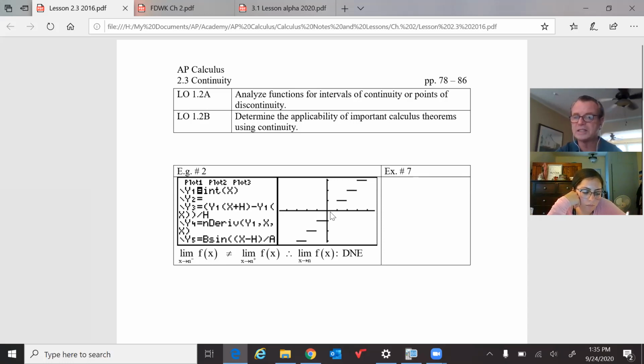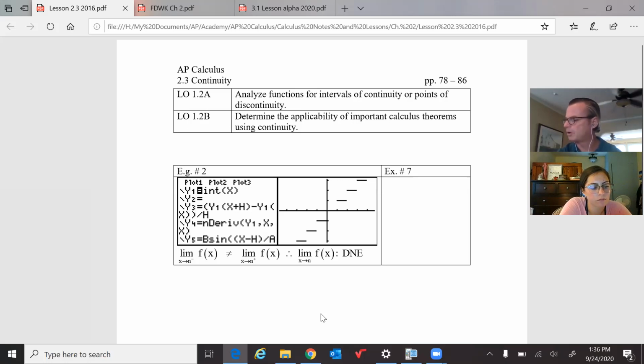When I get to 2 exactly, it's a 2. So the limit from the left doesn't equal the limit from the right. And if those two aren't equal, then we say the limit as X approaches N, no superscripts, DNE, does not exist. Okay? So that's your model.